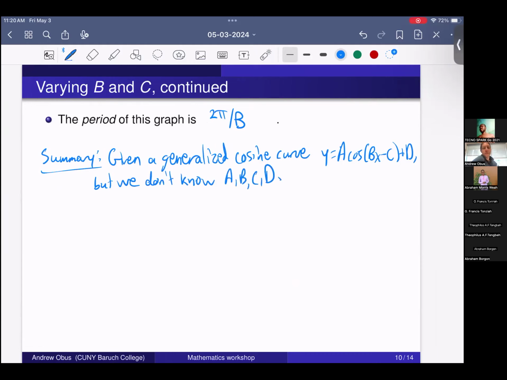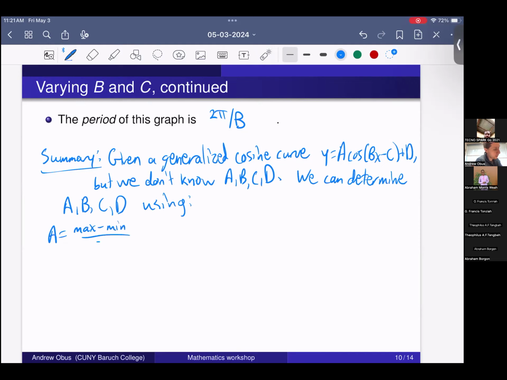We're just given the curve. Somebody says this is a generalized cosine curve, there are some values that we're using for a, b, c, and d, but I'm not going to tell you what they are. How can you figure it out? Well, we can determine a, b, c, and d using what? Well, a, we saw before, is going to be the max value minus the min value divided by 2.